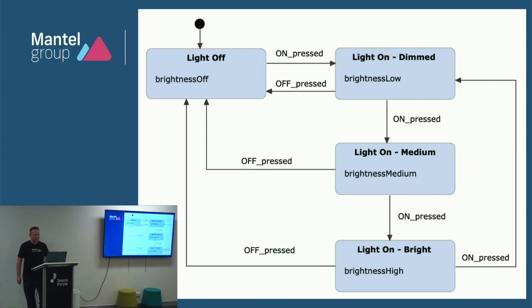But the point of a state machine is it doesn't let you just write to that piece of state anywhere. The only way to change that state is to fire one of the specific events. And in this sample you can see there's no way to go straight from bright to medium. You can't just go to a bright light and change its state and say you're now a medium light. You have to press on twice to cycle through.